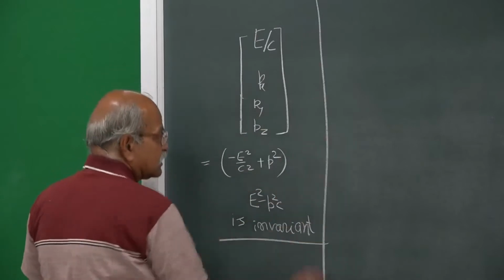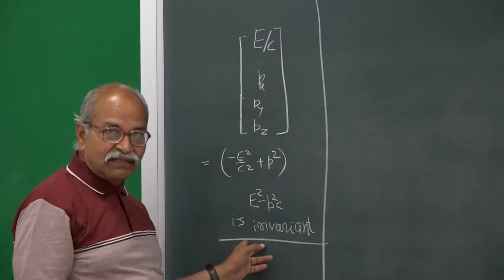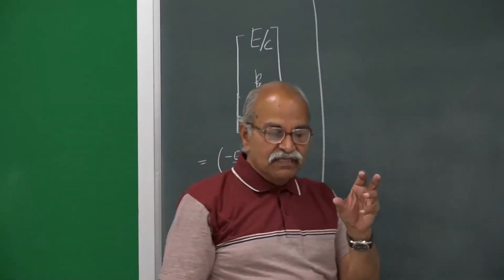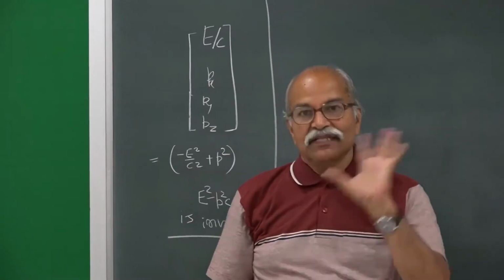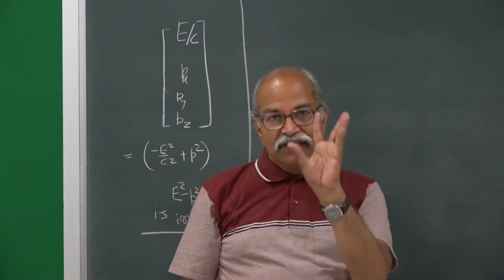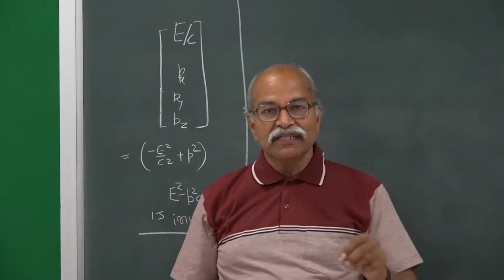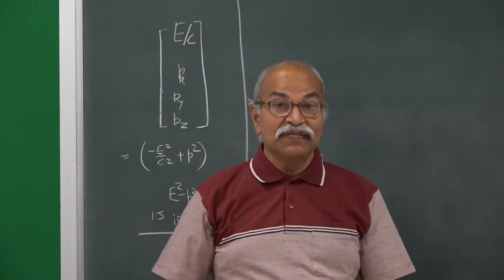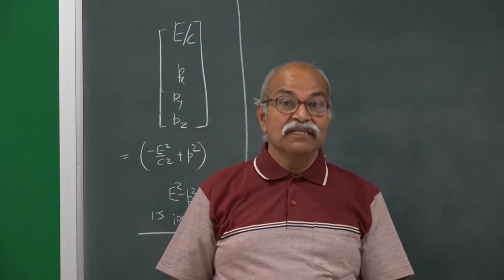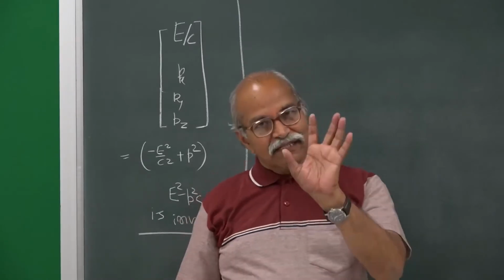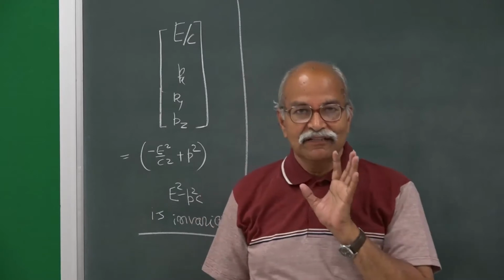Now, we can check this for a single particle. A single particle means inner structure does not change. If there are subparticles, if there are parts, and the movement of those parts or interaction of those parts does not change, we can treat it as a single particle.